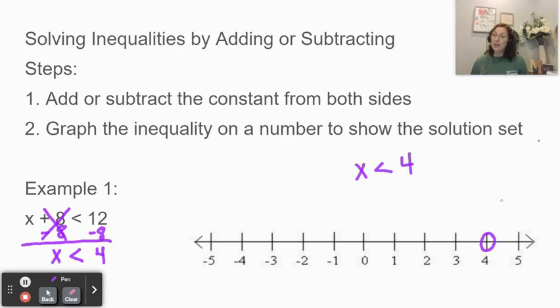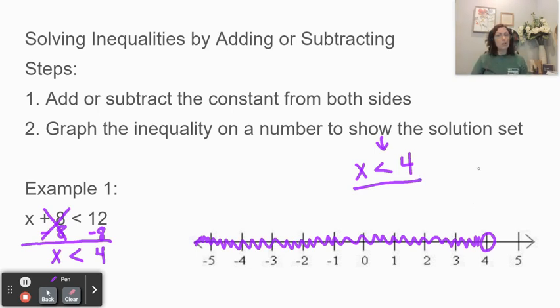Well, where are the numbers less than 4? You're right, to the left. In fact, if you look at this inequality, you'll see it's pointing to the left. That means I shade all of these numbers to the left of 4. And this is my solution, x is less than 4, and also my graph.